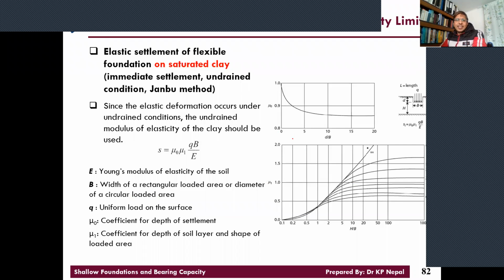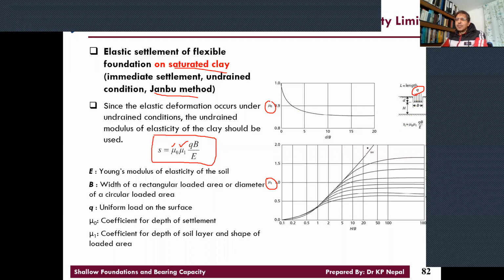How we calculate depends on what type of soil. If this is saturated clay, then we just use this simple settlement equation, right? It is given by Janbu. That means there are two coefficients you need to determine using this graph and this graph, yeah? And you need the pressure given to the foundation.